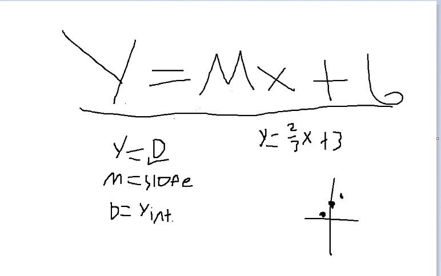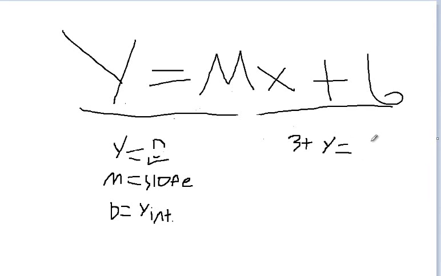Another way that you could do this is by taking a different y, like where y isn't solved. So it could be 3 plus y equals 1x plus 2, let's say.